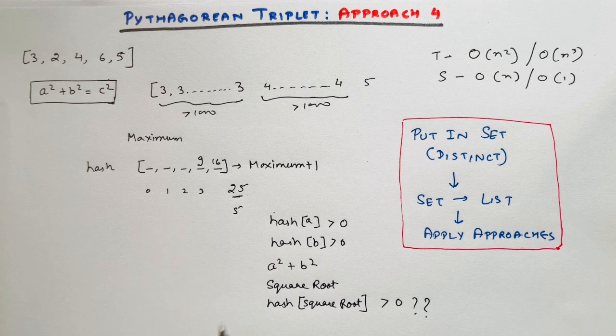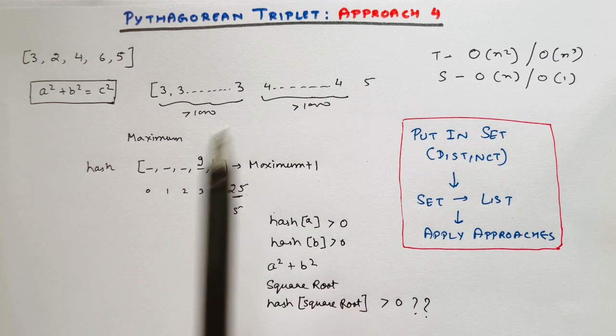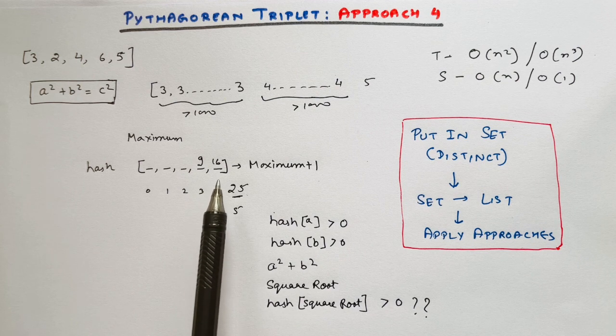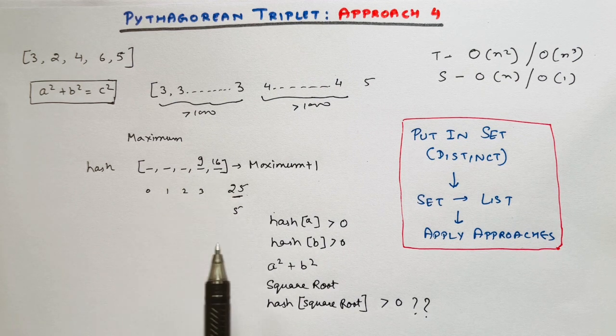So we fix a and b in one iteration, we get a square plus b square, then we calculate the square root, and then we can simply check if hash of index, which is denoted by the square root, is positive. If this was positive, that means the square root would have been present in the original array, and that is why its value became greater than 0.